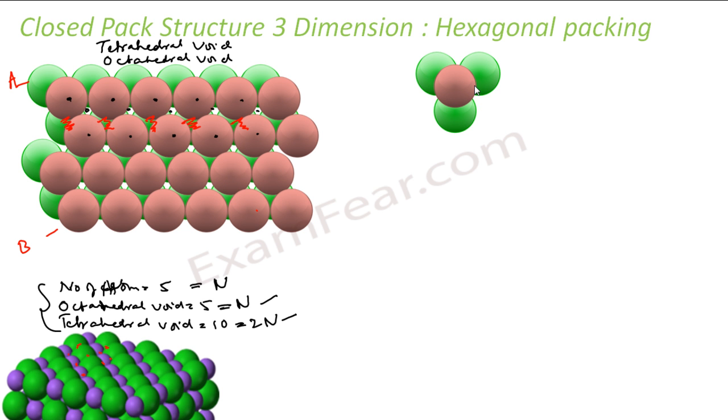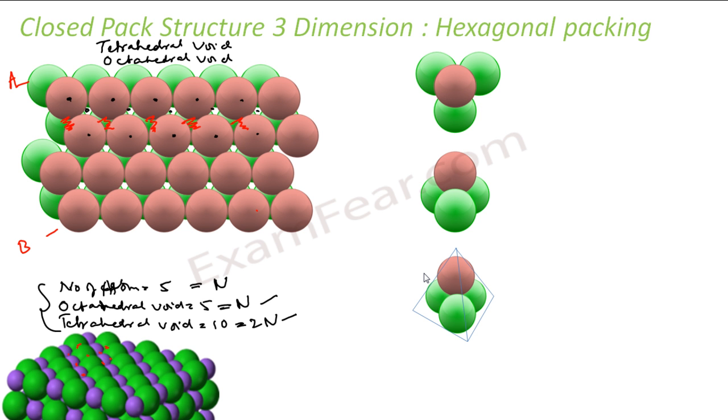Now if you view it from this angle, this is the top view, this is the front view, this is how it looks. 3 spheres and 1 top sphere. Geometrically this is how it looks. This looks like a tetrahedron, and that's why it's called tetrahedral void. Hope you understand. 3 spheres on the corners and 1 on the top. This is called tetrahedral void.